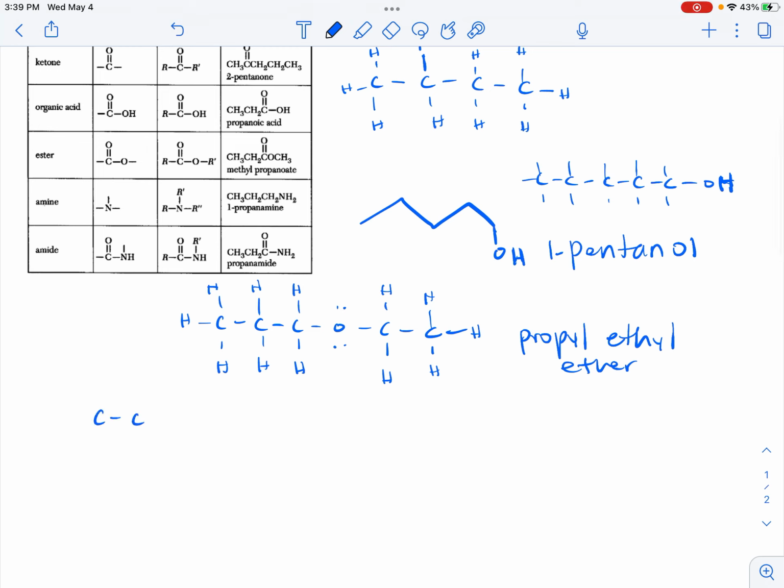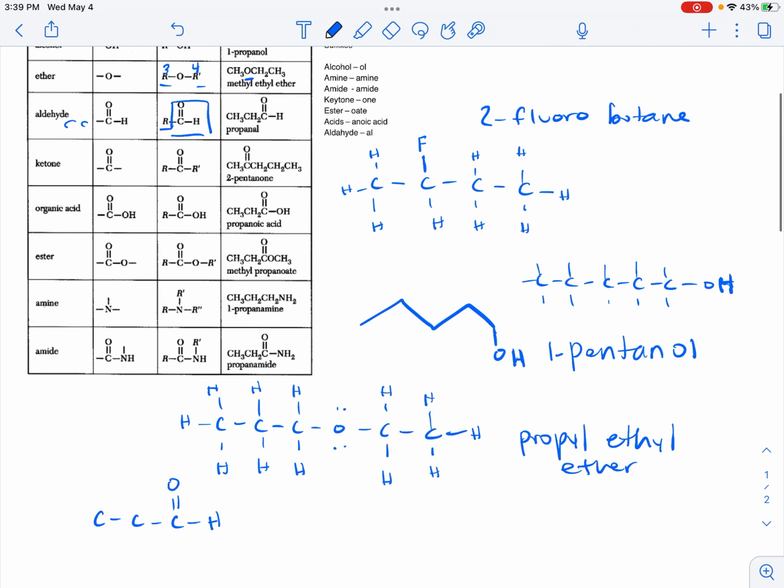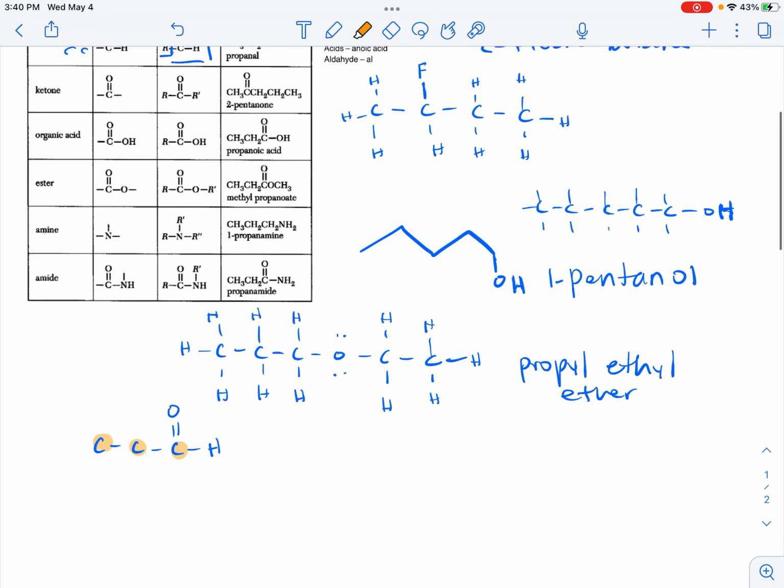So if I drew an aldehyde that was 1, 2, let's say 3 carbons, and at the end I've got this, and I've got the O, or sorry, no O, just an H. If I'm doing that, then this is considered a 3-chain aldehyde. So you can see I've got a 1, 2, 3 carbon aldehyde. So I actually accidentally drew the same one that's up there, but whatever.